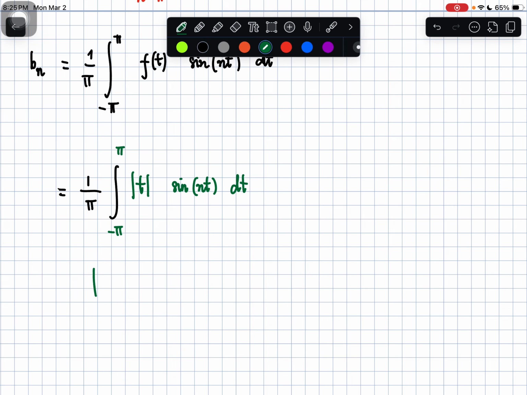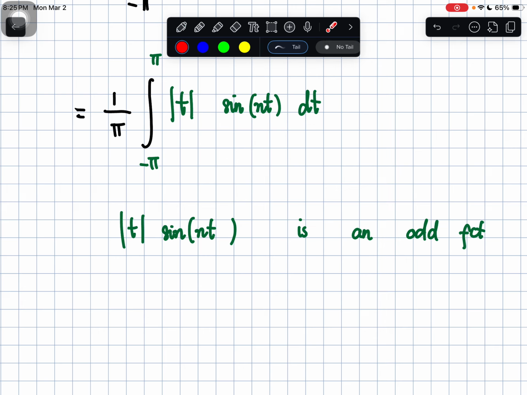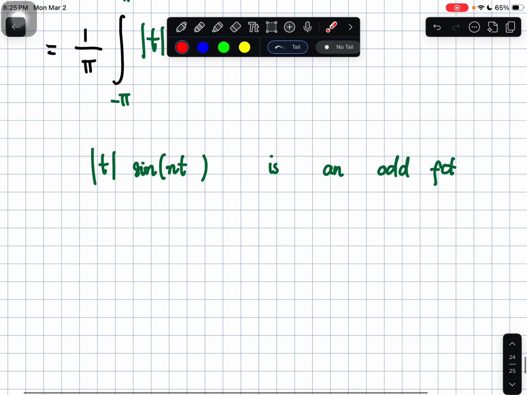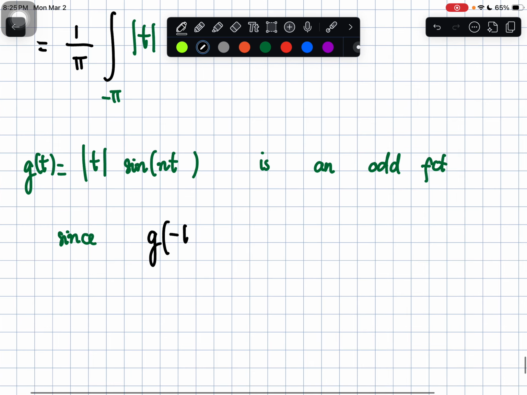We don't want to compute the integral explicitly and carefully. This is an odd function because, let's call it gt, gt is odd because g of minus t is absolute of minus t times sine of n times minus t, so minus nt.